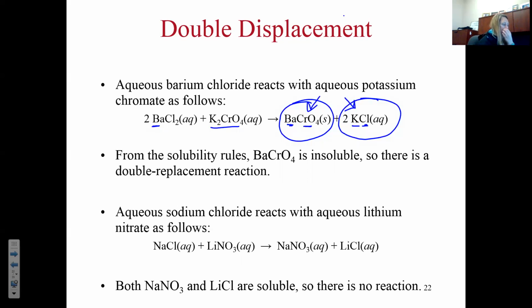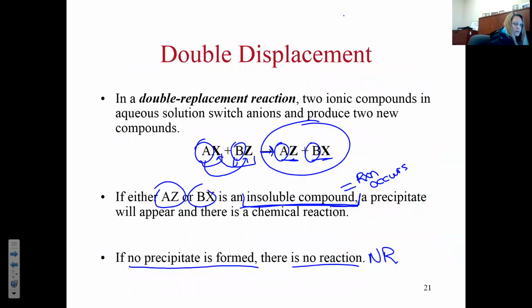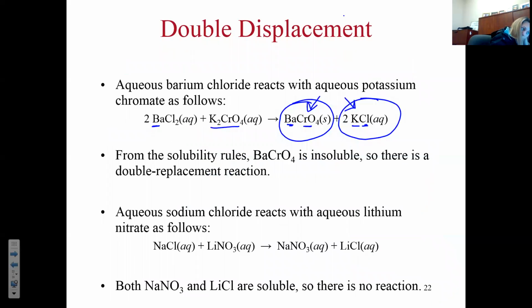So if we look at our rules, let's go back. Remember these compounds, BaCrO4 and KCl. So BaCrO4, I see it right away. BaCrO4 is right here, the chromate ion. And it says that it is insoluble. Okay, so we know that BaCrO4 is insoluble. The other compound that we were dealing with was KCl.